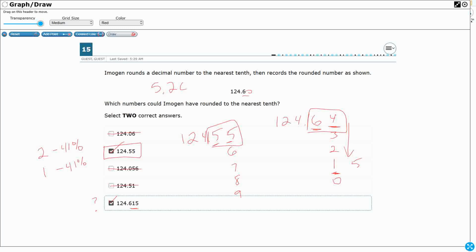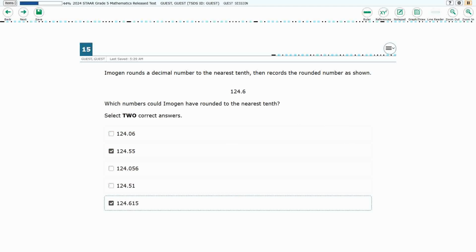So if you're looking at it together, we're above 60%, so we're doing okay. 19% chose both incorrect, or just didn't answer the question. So this was our 14th easiest item. Not the most easy, especially because of this, right? We need to help our students when we round to the nearest number. It needs to be a range, a variety of numbers I can round to that number. That's going to help them practice this particular skill.